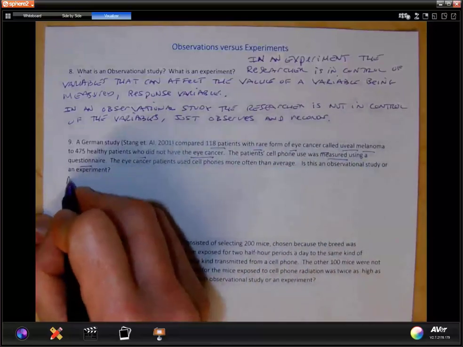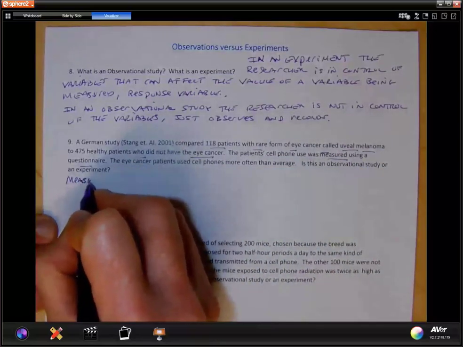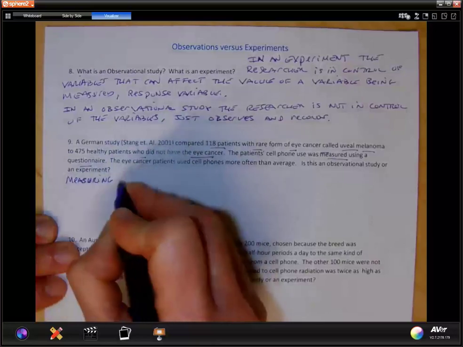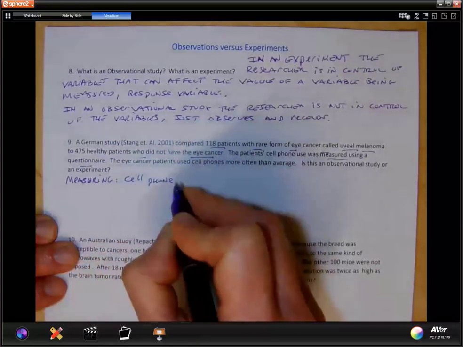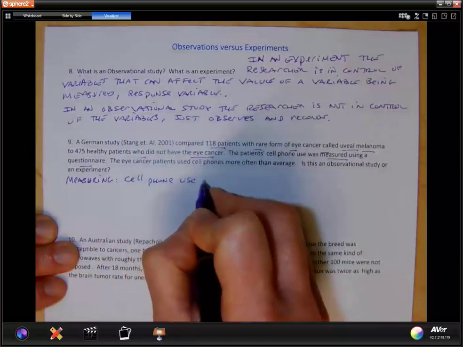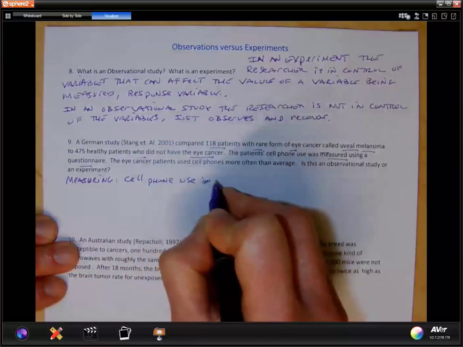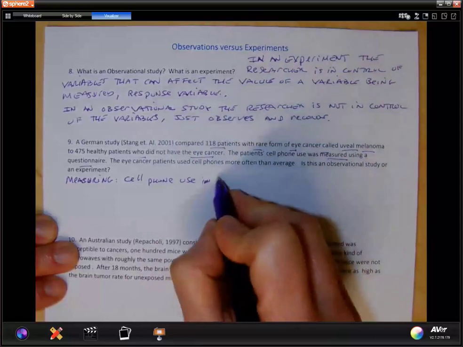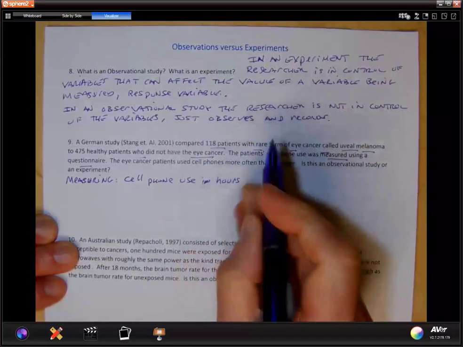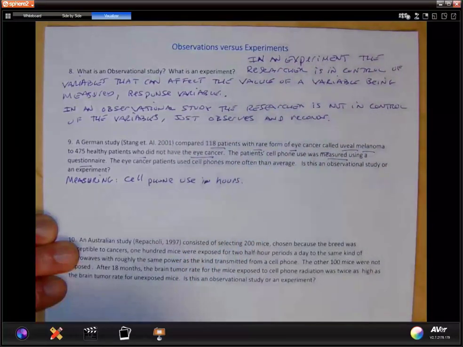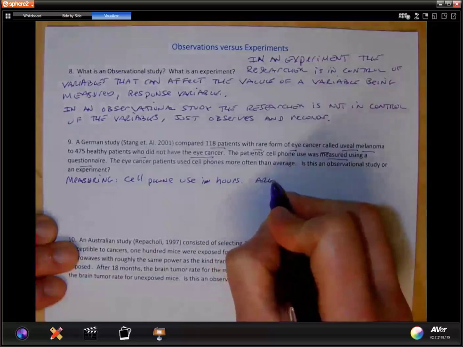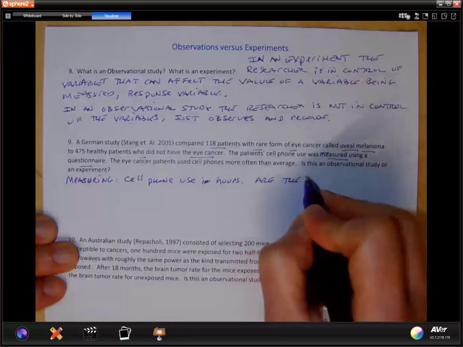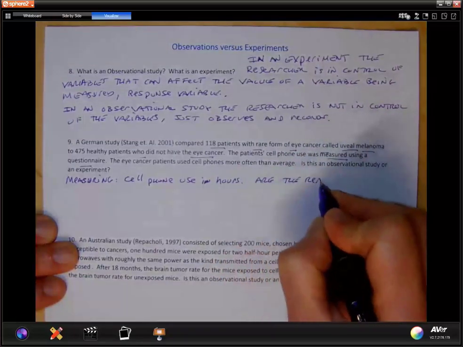So what are we measuring? I'm going to guess a unit here, let's say in hours. So I'm going to measure cell phone use in hours. Are the researchers in control of any other input?